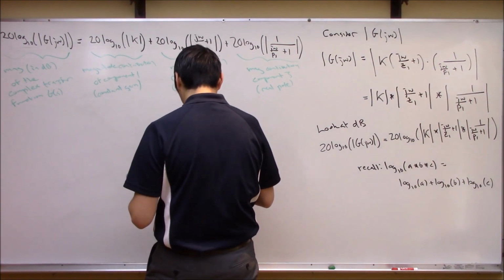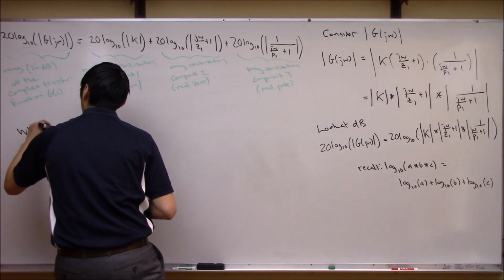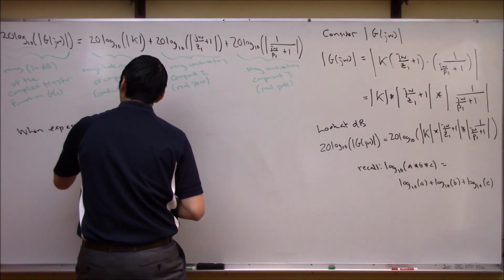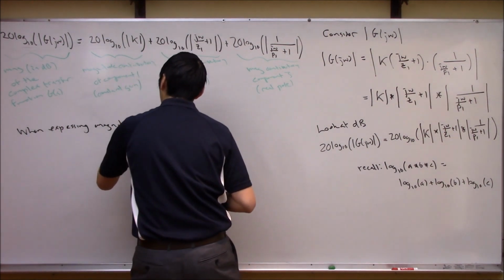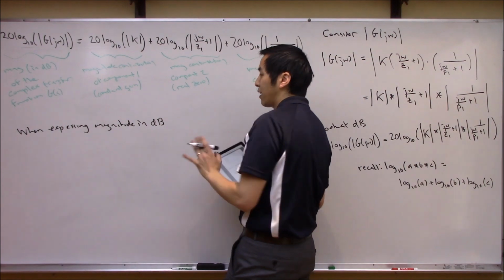I think we really should write this down: when expressing magnitude in decibels, that's the key here. It's the 20 times log base 10 that allows us to do this.